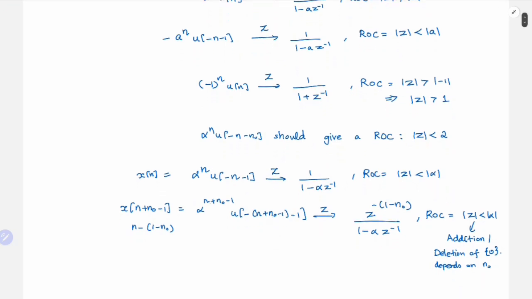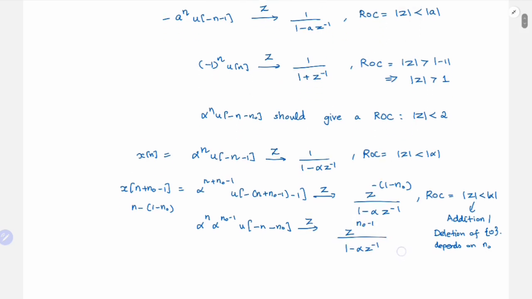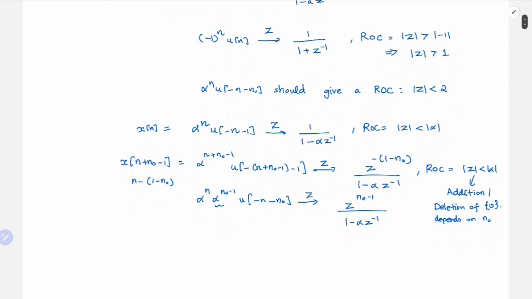So again, we want only alpha power n u of minus n naught. This will be alpha power n into alpha power n naught minus 1 u of minus n naught plus 1, and minus 1 will cancel, having z transform z power n naught minus 1 by 1 minus alpha z inverse. So this one we can take to the other side.